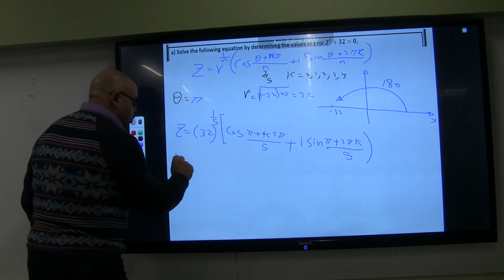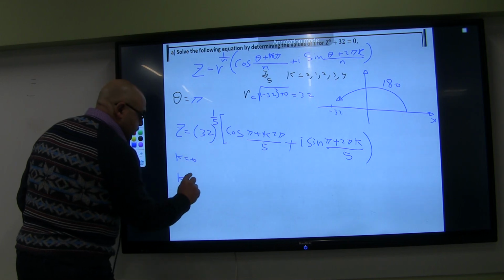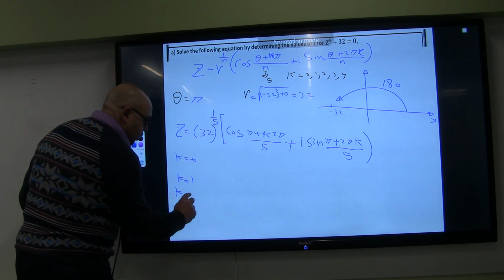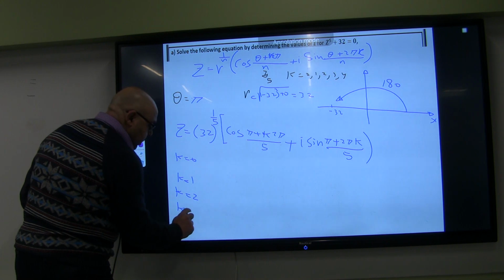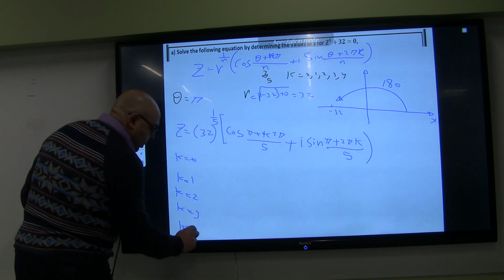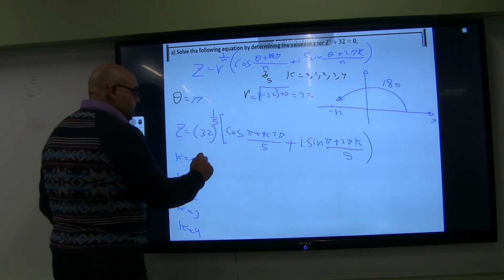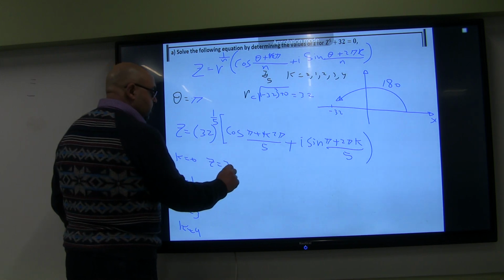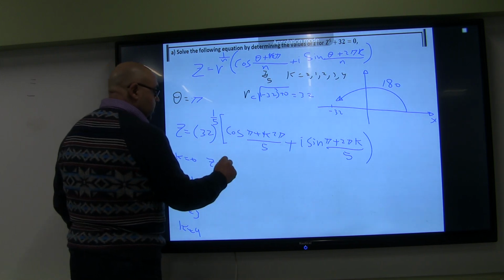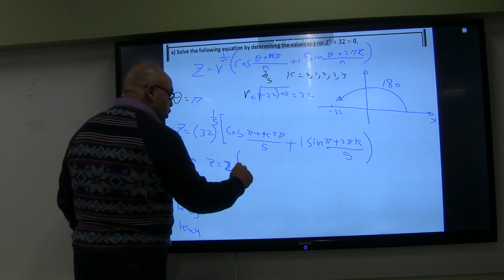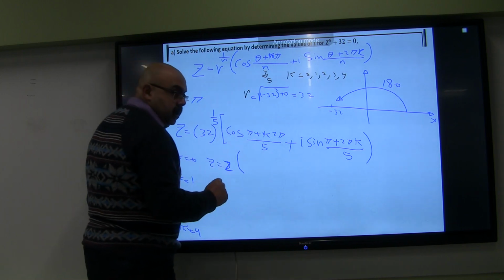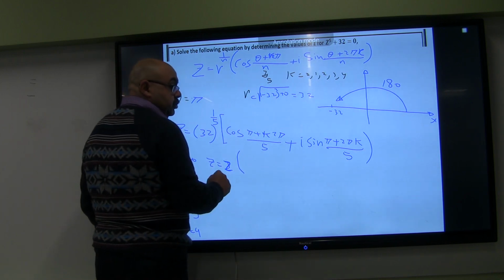The k's should be equal to 0, then 1, then 2, then 3, then 4. Start substituting. 32 to the power of 1 over 5 is going to be 2.